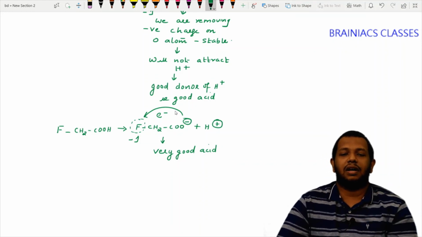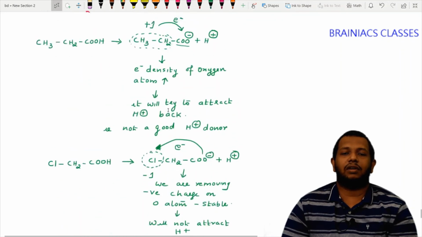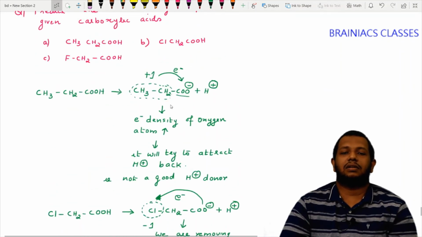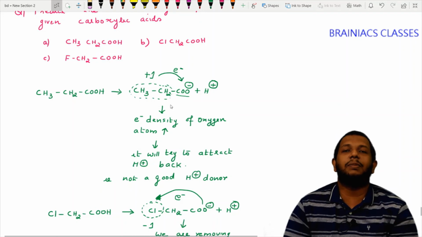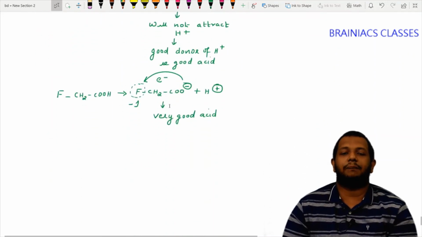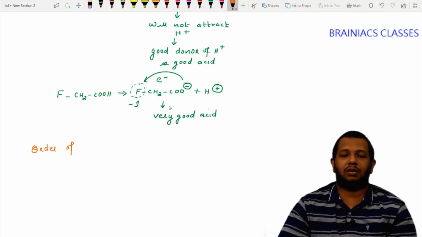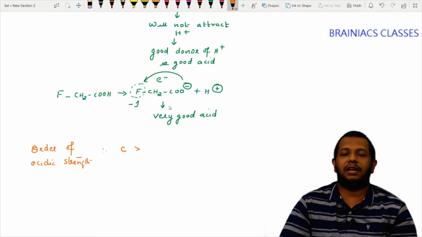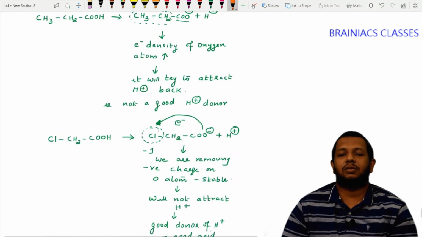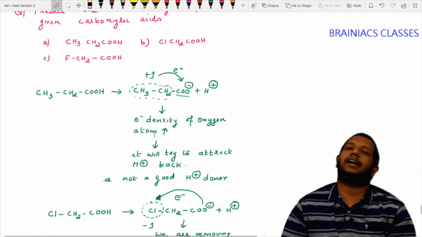I can say the order will be C first, then B, then A. So I can write the conclusion: order of acidic strength. C will be a great acid, then B, and only then A.